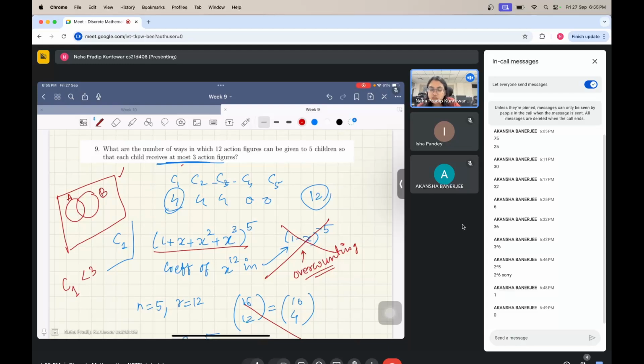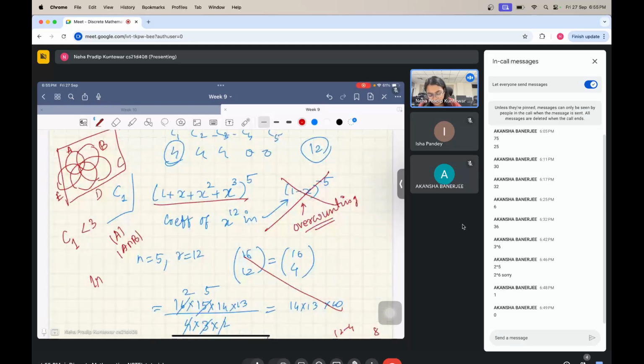Then you can define your event B where the second child gets less than 3 action figures, and you'll have 5 such events because there are 5 children, so you'll have A, B, C, D, E. And in this case, unlike with 3 sets where you just had a couple of things to calculate, you'll have to find A intersection B, then A intersection B intersection C, then the 4 intersections, and finally the 5 intersections.